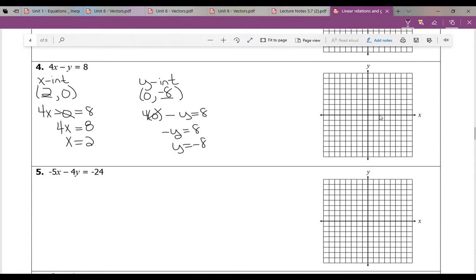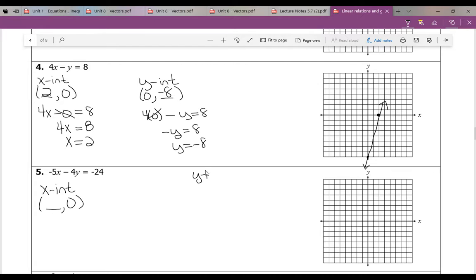So I'm going to go over to (2, 0), my x-intercept, and then I'm going to drop down to (0, -8). So 1, 2, 3, 4, 5, 6, 7, -8. And then I will connect those 2 points with a straight line. And then the last example that I have, we're going to do the same thing. X-intercept, we're going to plug 0 in for y and figure out what x is.